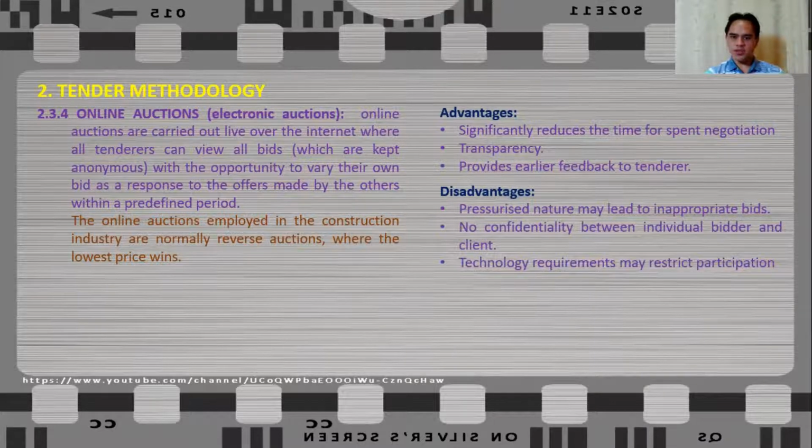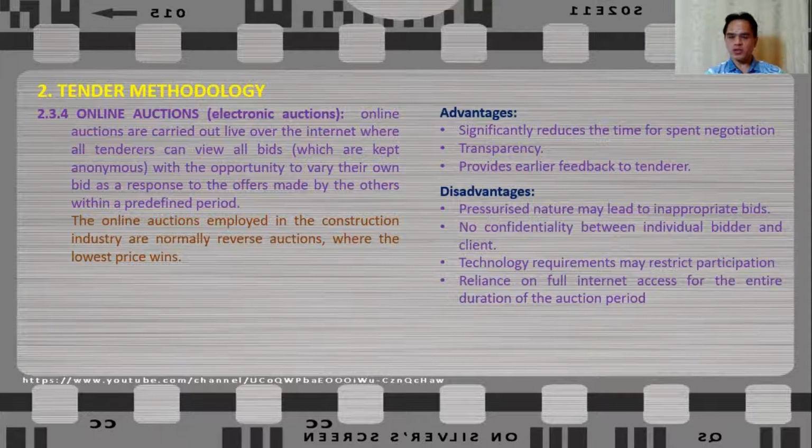The technology requirements may restrict the participation, and there is reliance on full internet access for the entire duration of the auction period. So if your internet is not reliable, then there is a greater possibility that you will not win these online auctions.